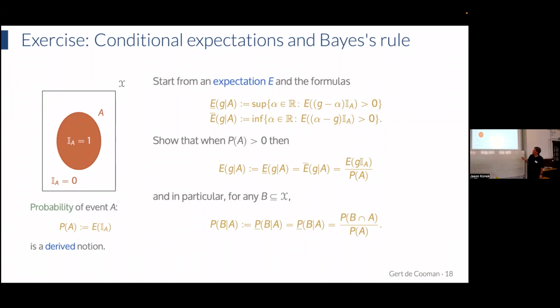And if I replace this gamble by the indicator of an event B, then I find as a special case that the probability of B given A is the probability of the intersection divided by the probability of A, Bayes' rule as a special case in the precise case. So it's simple. Look at these conditions, simplify them, make sure that you can take the supremum and the infimum, show that the infimum and the supremum are equal to this value, and then plug in the indicator of B in here, and you're done.